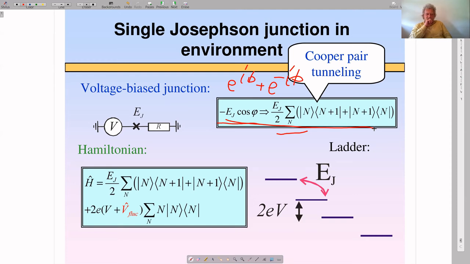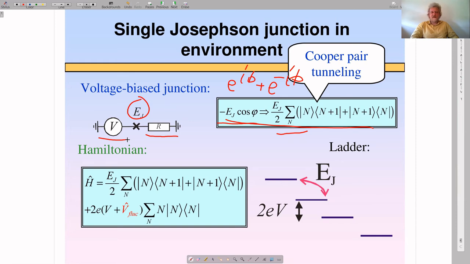Let me now consider the following setup. I take a Josephson junction. I put a resistor next to it, and I will also set a voltage source. What kind of Hamiltonian do I have?